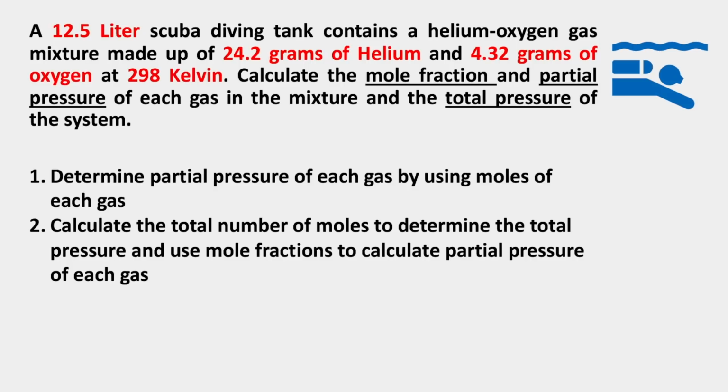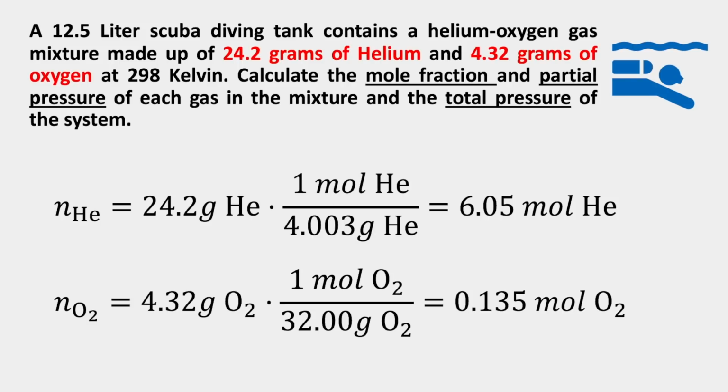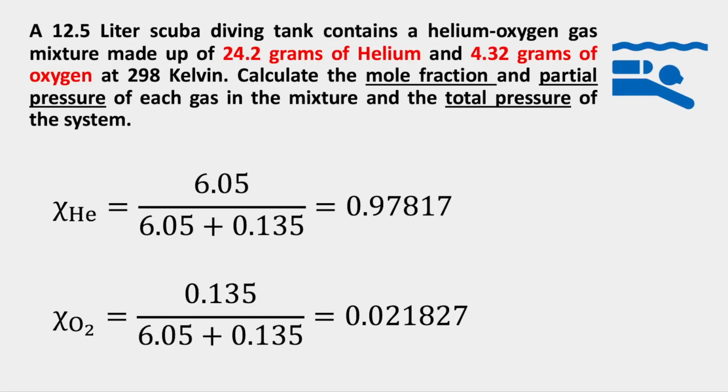First off, let's calculate the number of moles for helium and oxygen. We can use molar mass to convert to moles of each gas. This equates to 6.05 moles of helium and 0.135 moles of oxygen. Next, let's calculate the mole fraction of each gas by using the equation. The mole fraction of helium calculates to be 0.97817, and for oxygen is 0.021827.